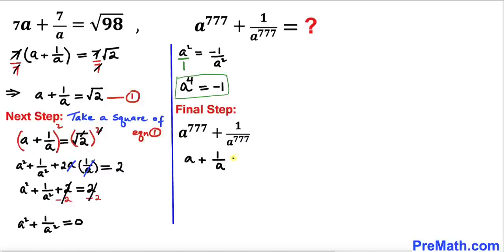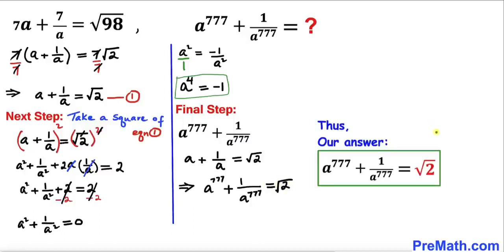So we can write this equal to the square root of 2. Thus we conclude that a to the power 777 plus 1 divided by a to the power 777 equals the square root of 2. So our simplified answer turns out to be the square root of 2.